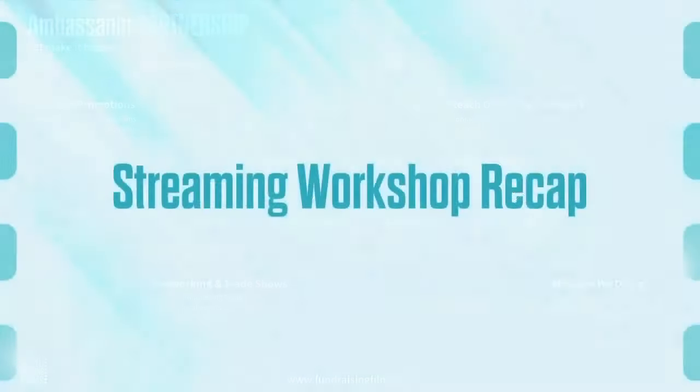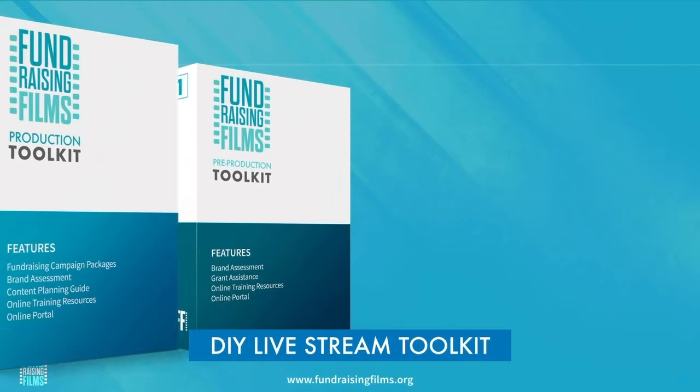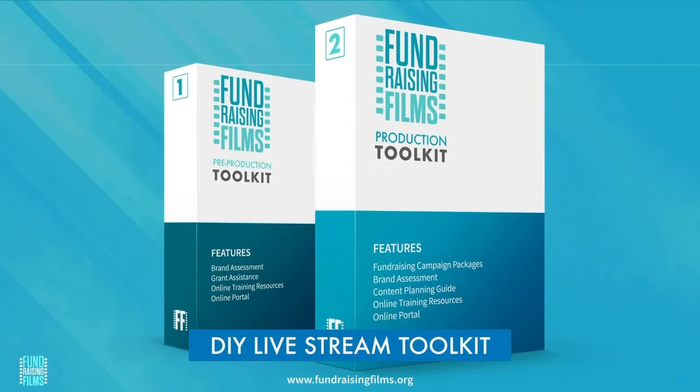So to recap really quickly, we have a couple of different ways that you can get involved and take advantage of this. We have the DIY streaming toolkit option, $4.95, which gives you all that equipment, training resources, and everything you need to get going today.